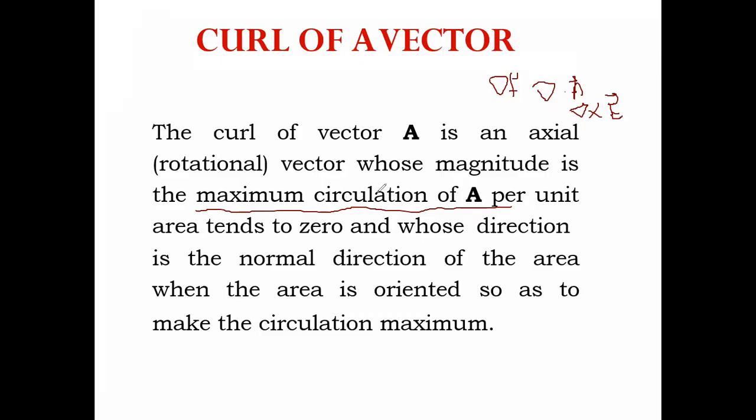In classical mechanics in plus 2, you must have studied conservative and non-conservative fields and forces. If I say any field is a conservative field, what is the significance of this?